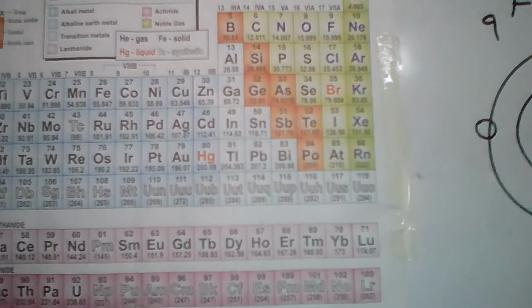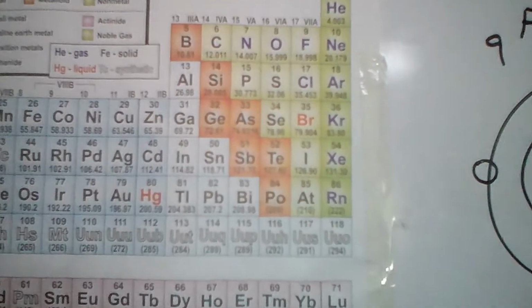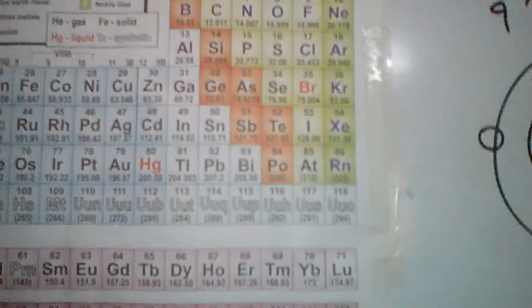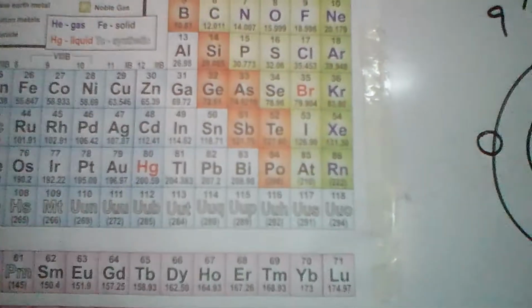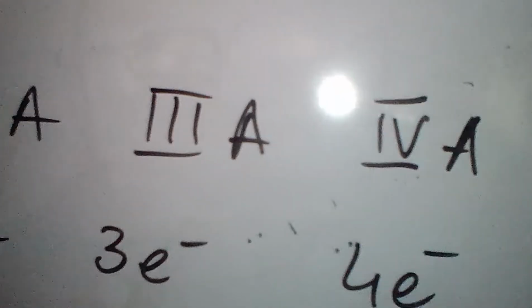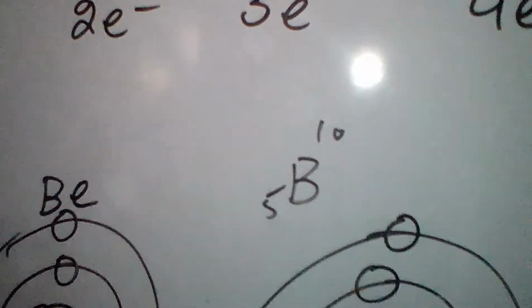Now, we'll take the example of the 3A group, containing boron, aluminium, gallium, indium and thallium. The atomic number of boron is 5 and its mass number is 10. In the atomic structure, the nucleus in the center contains 5 protons and 5 neutrons.